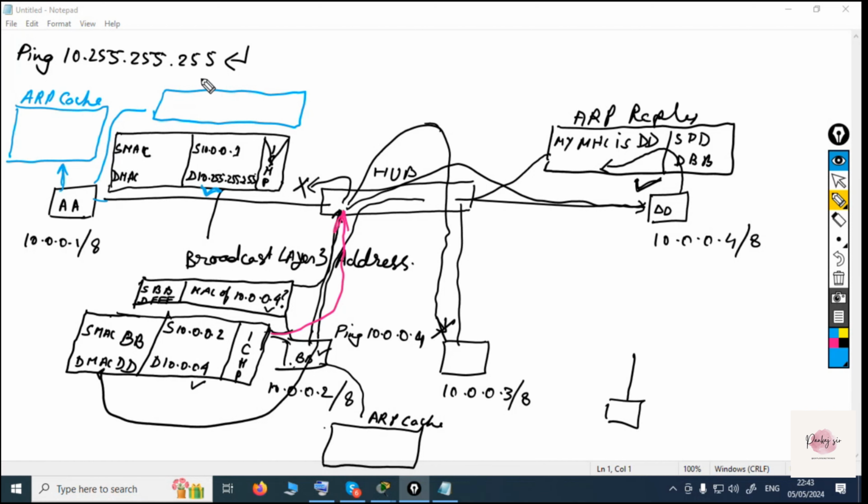Getting my point or not? What did this PC do?